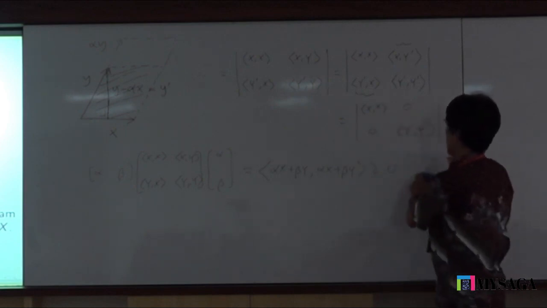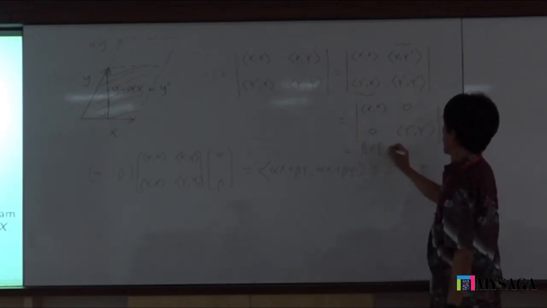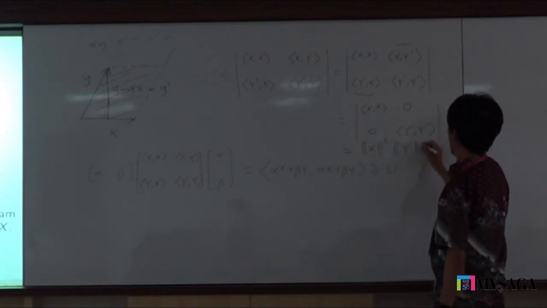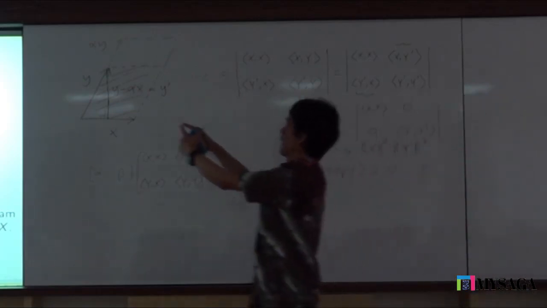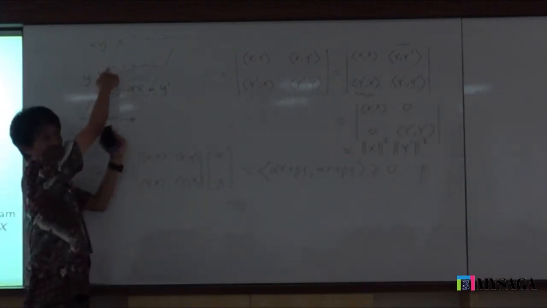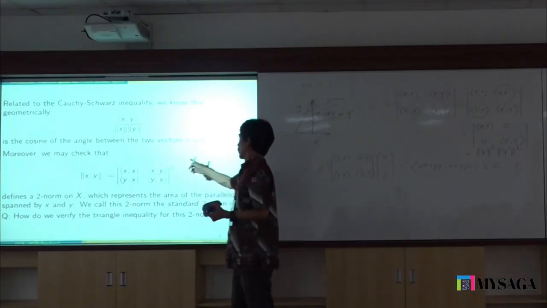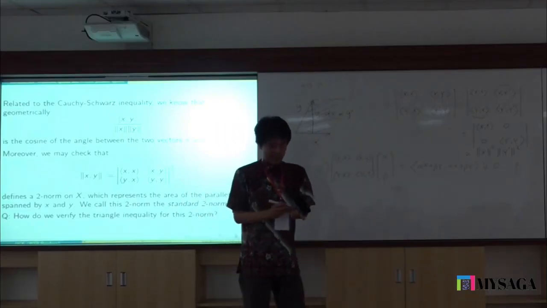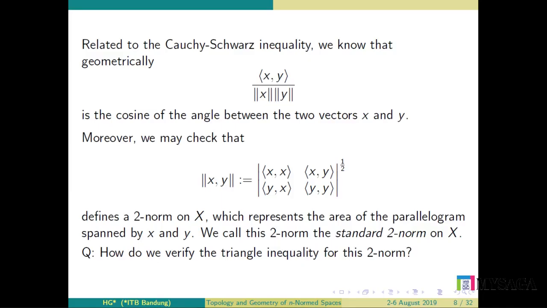So this is exactly the square of the area of the parallelogram. Okay? So the length of the base times the height, both squared. So when you take the square root, then you get exactly the area. So this is the area of the parallelogram spanned by x and y.